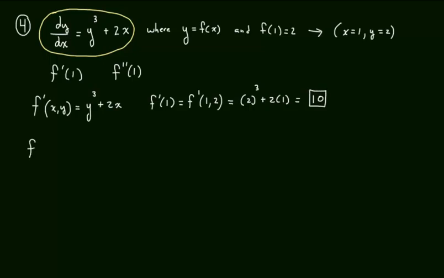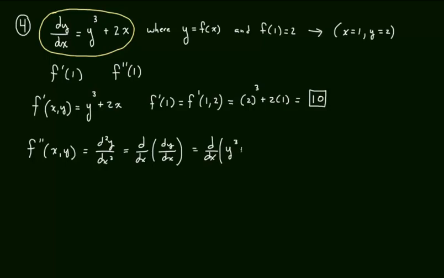Now f double prime of x, y can be written as d squared y dx squared, the second derivative, which if you recall is the derivative of the derivative, which is the derivative of, and we said the derivative in the beginning was y cubed plus 2x.